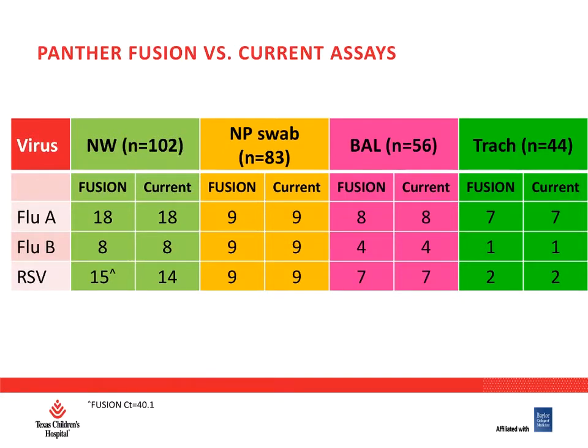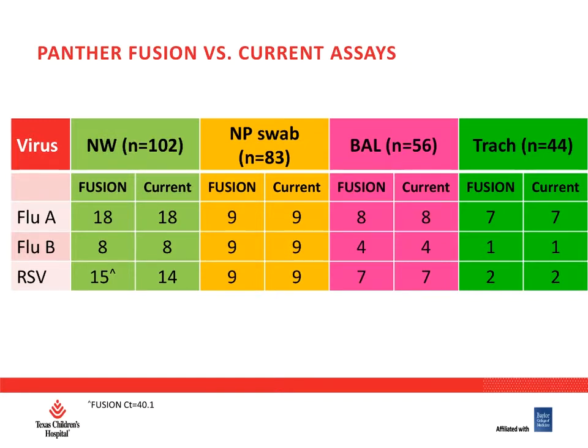So let's take a look at, first of all, the Flu A and B and RSV. We've already heard some data on the flu assays. The Fusion Flu A and Flu B testing in all of the sample types that we looked at had 100% concordance with our current assays.